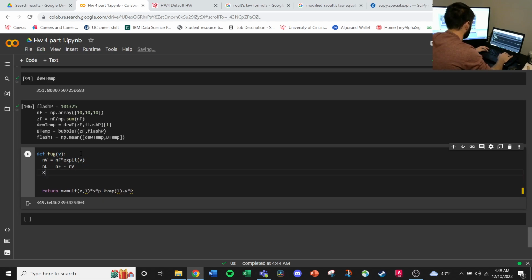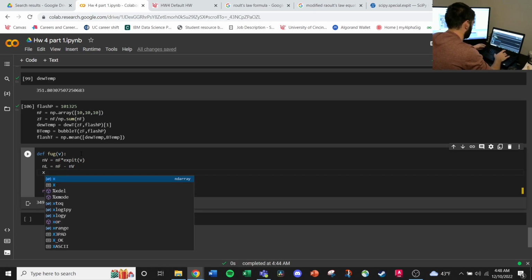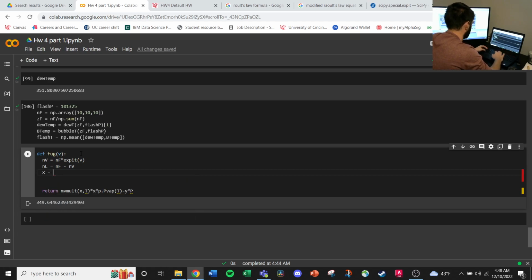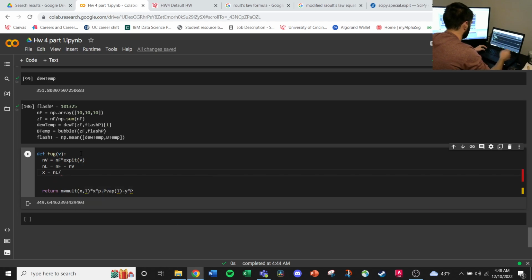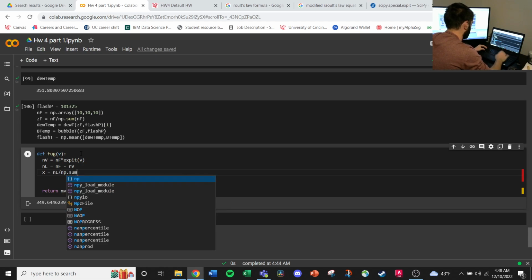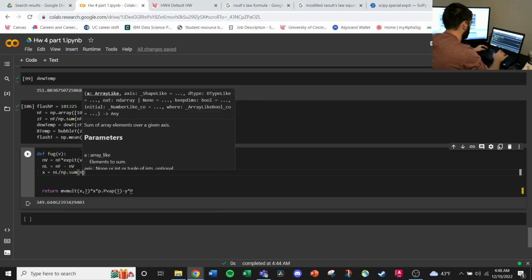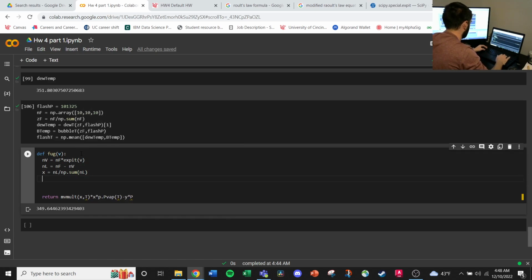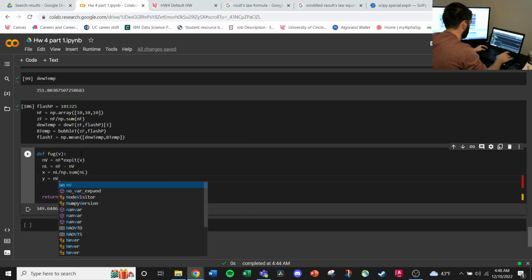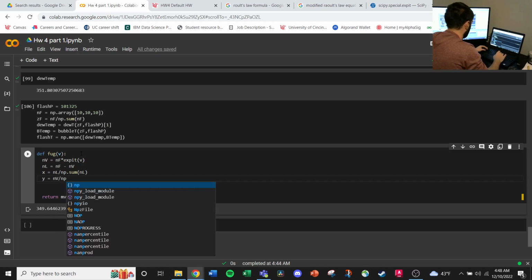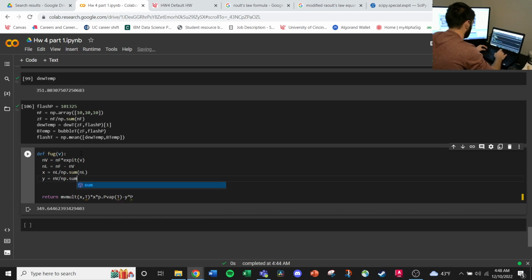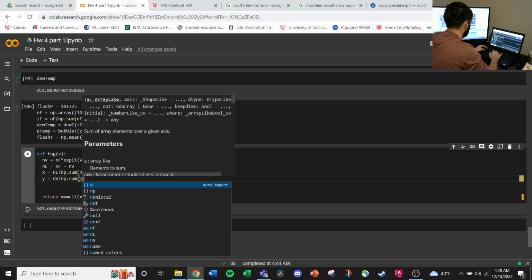And then we can do our x, which is our liquid mole fraction, and that's obviously going to be equal to our moles of the liquid over our total liquid moles, np.sum of the moles of liquid, and we'll do the same thing with our vapor, nv divided by the total number of vapor moles, so sum nv.